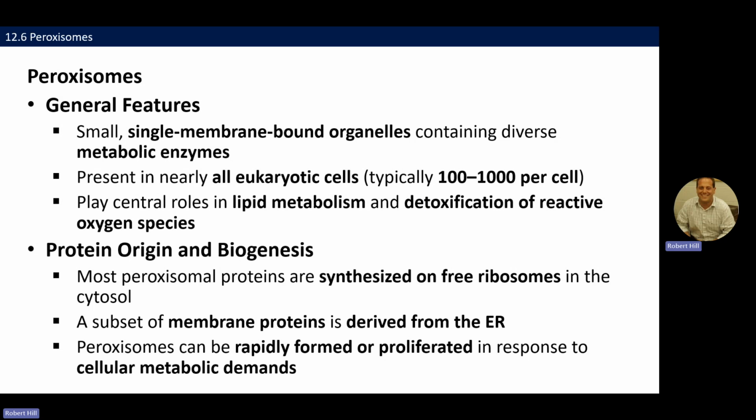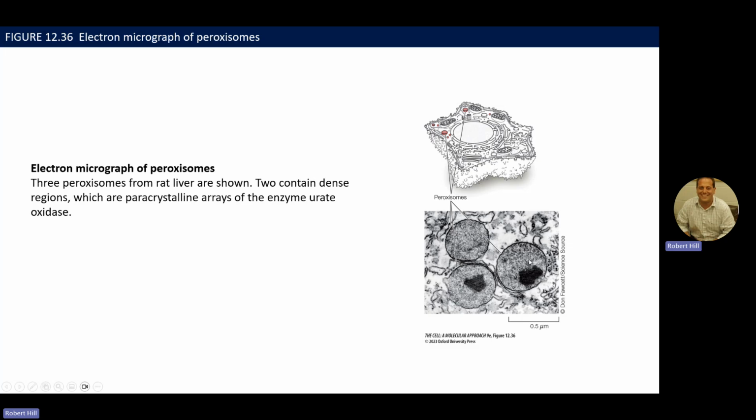Most of the proteins are synthesized on free ribosomes, right? Those are going to be your enzymatic proteins, metabolizing proteins. There are some that come from the ER, but those are typically the transmembrane proteins of the peroxisomes. All right, so this is a peroxisome.